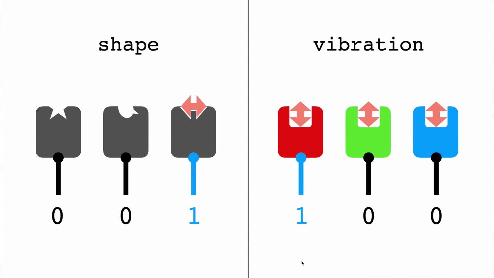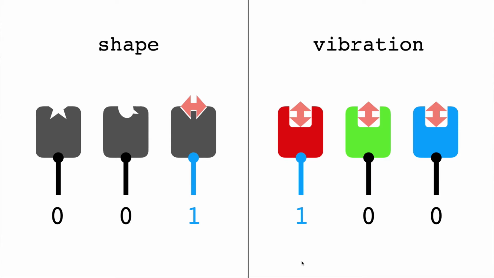And on the right-hand side, for the vibrational theory, only one of the receptors is tuned to the correct vibrational band, and so that particular receptor here in red responds to the vibrations of the red odorant molecule and is turned on, and the others, although they bind it just as well, are not turned on. And that is one of the basic mechanisms by which each theory actually works.